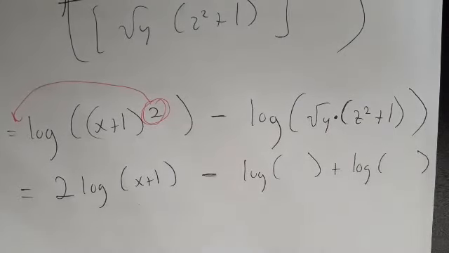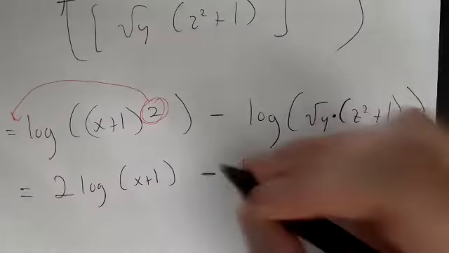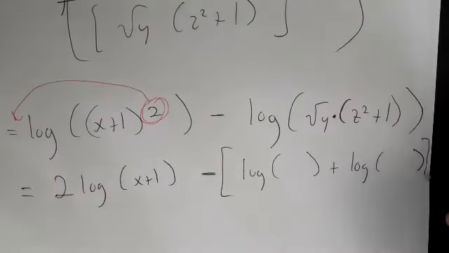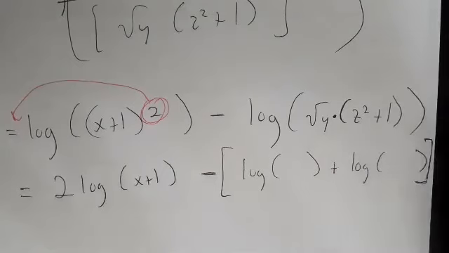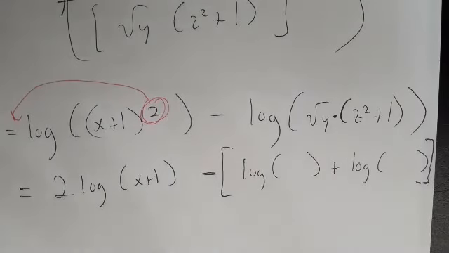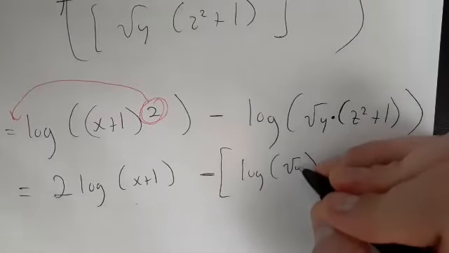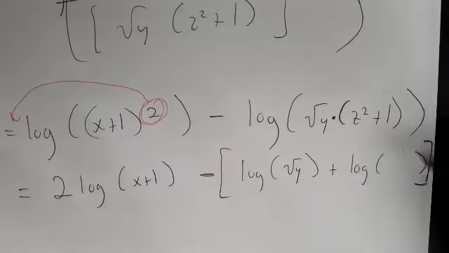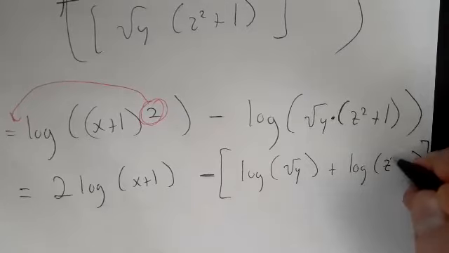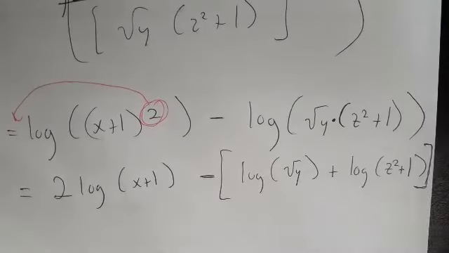And this is exactly where you have to be careful, because if you do this, you're probably going to miss it. When I subtract this log, I am subtracting this entire thing over here. So I should definitely put some parentheses around this side somehow. This first one looks like the square root of y. This one looks like z squared plus 1.